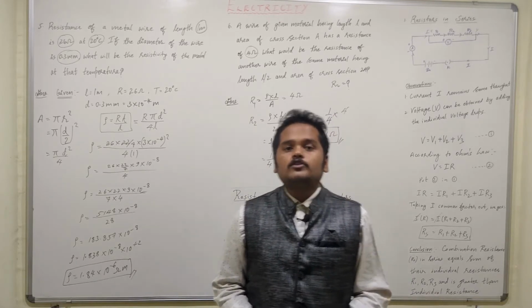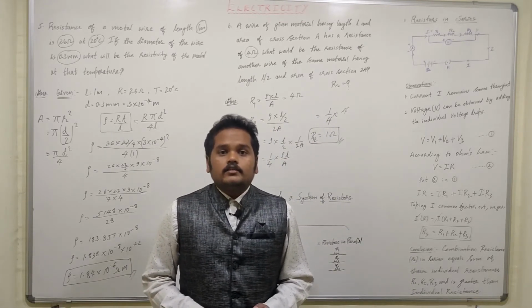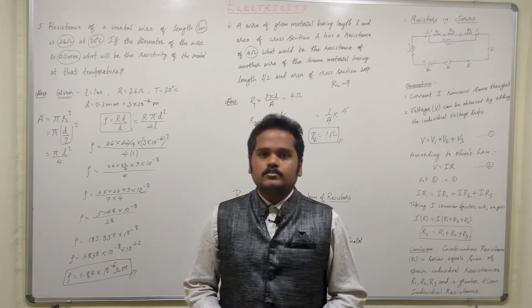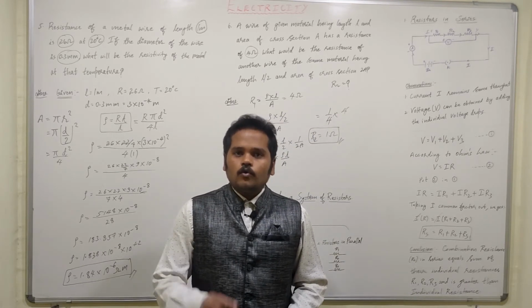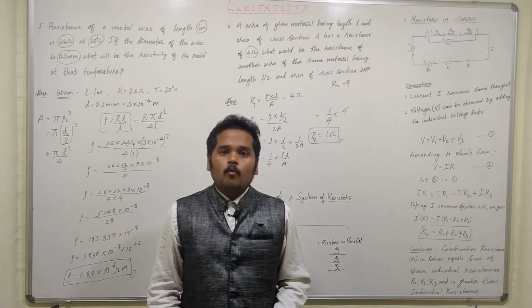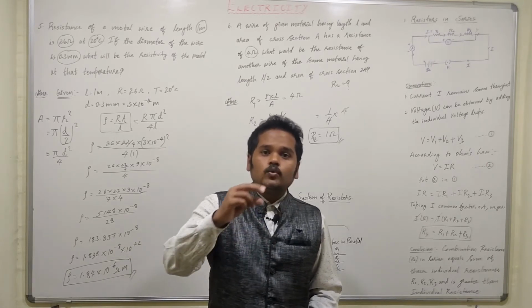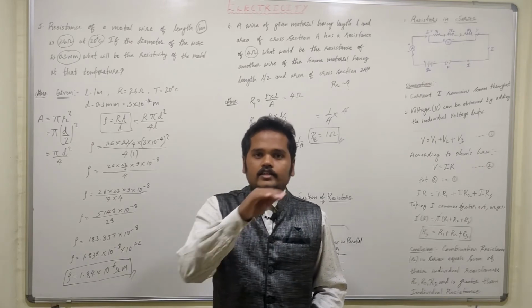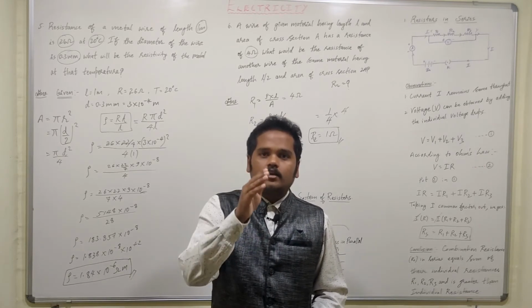Now we will move on to resistance due to a system of series of resistors. We were focused only on one resistor. Now what if we take two resistors or more than two resistors and arrange them either in series or in parallel?